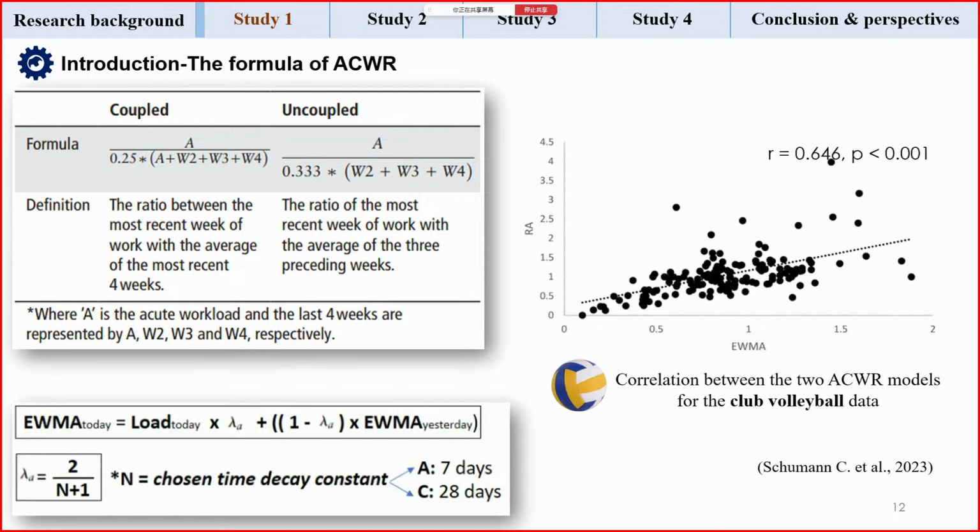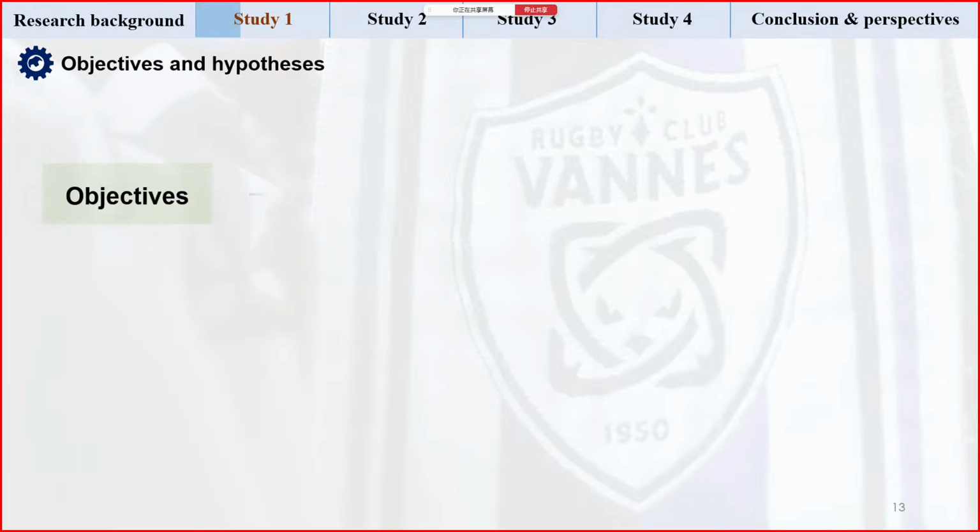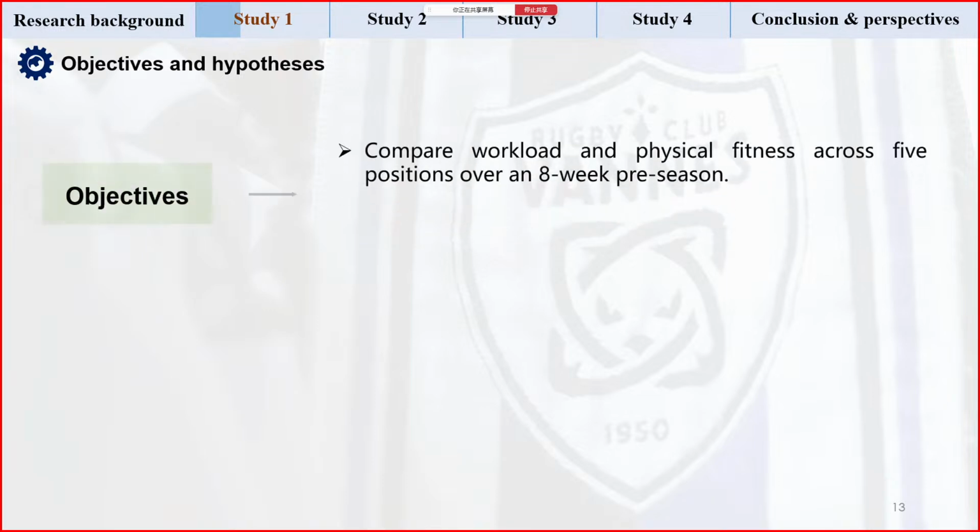There is a study similar to ours. On a volleyball club, there was a correlation of 0.646 between the EWMA and rolling average ACWR, indicating a moderate correlation. The aim of this study was to quantify and compare workload and physical fitness tests across the 5 positions over an 8-week pre-season.